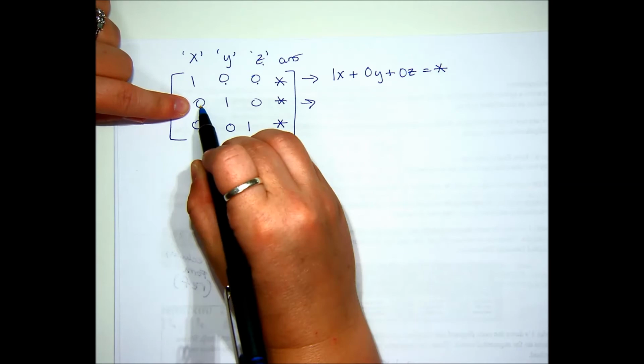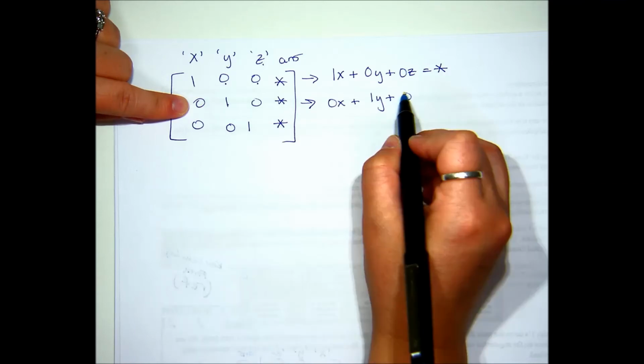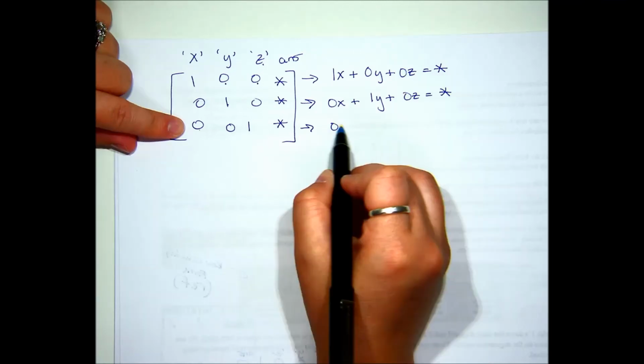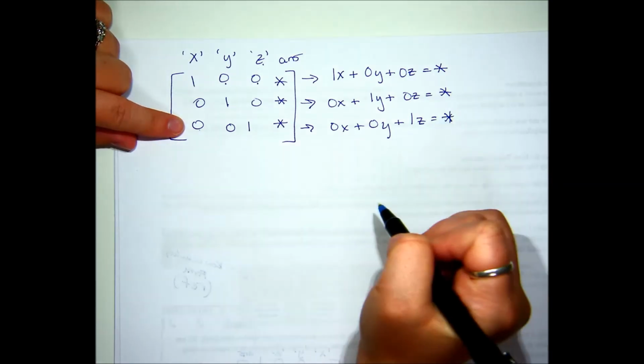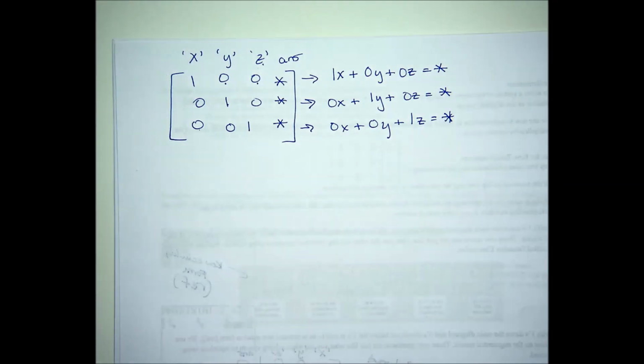I have 0 X plus 1 Y plus 0 Z equals some answer. Lastly, 0x plus 0y plus 1z equals some answer. 0 times anything goes away.